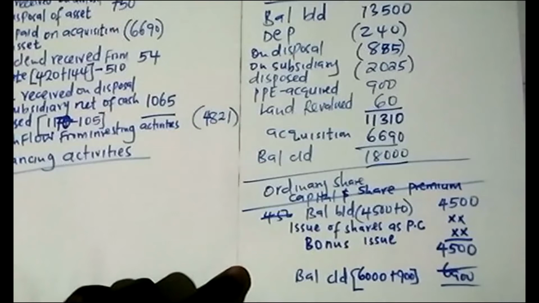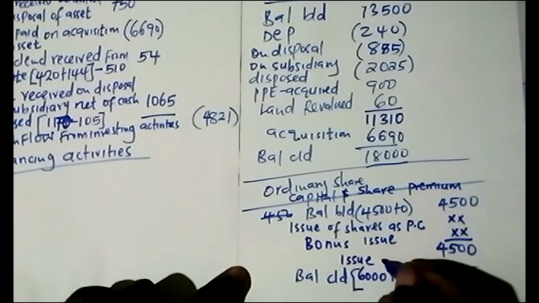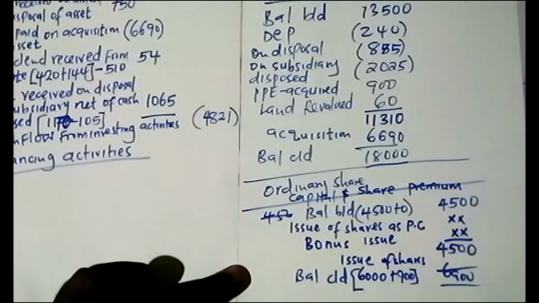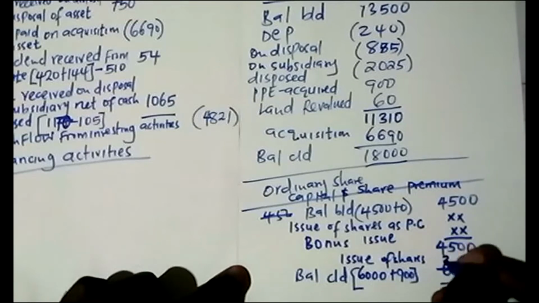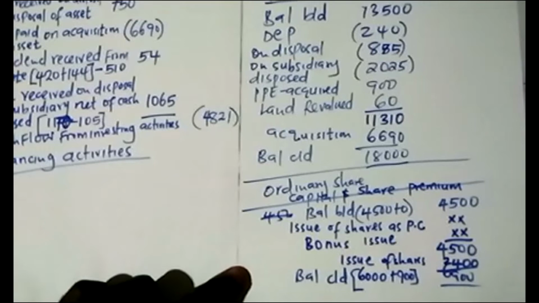You can see that it increased from 4,500 to 6,900. So the amount has increased, which means it was through issue of shares. So 6,900 minus 4,500 is 2,400.